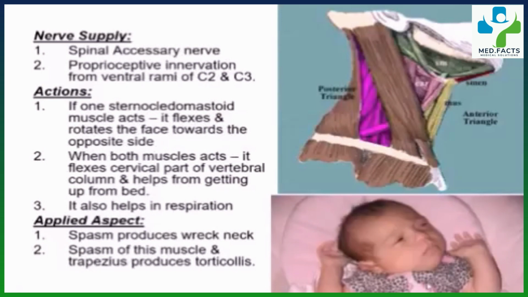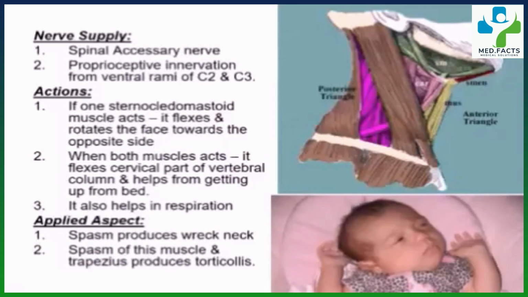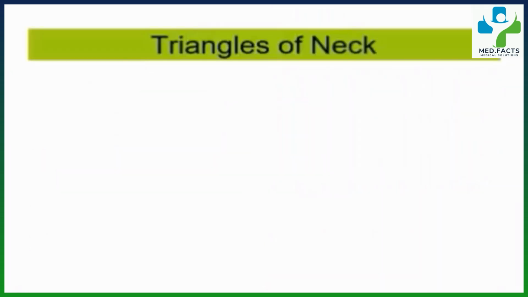The damage is on this side, where the muscle is not contracting and is totally relaxed, and the muscles on the opposite side are contracting. So this leads to a flexed neck, and the contraction of the muscle turns the face towards the opposite side. This is called torticollis.